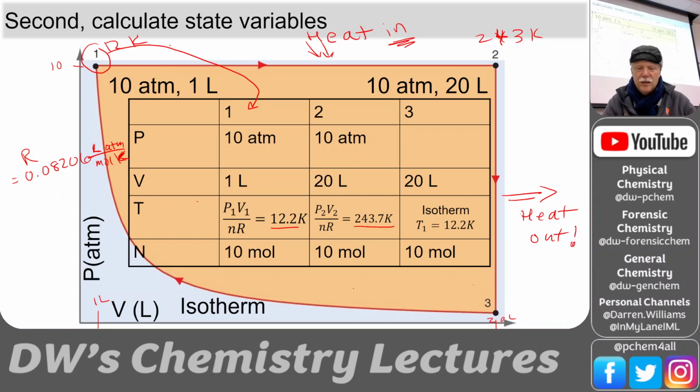And this also, this isotherm, because we're compressing it, which would typically heat up the gas, also has heat out. Normally when you're compressing a gas, it warms up. The gas molecules are in a smaller space and upping their energy.